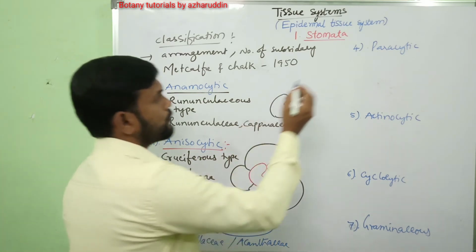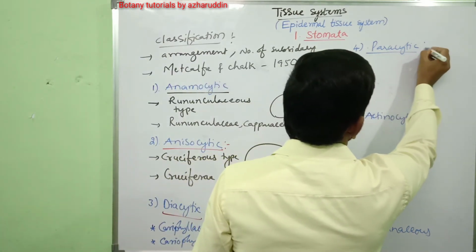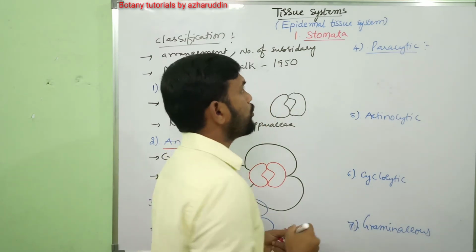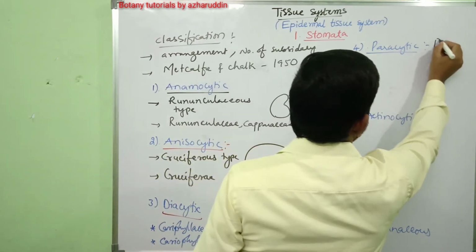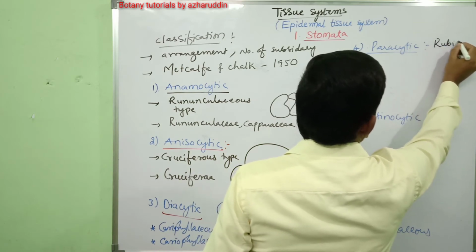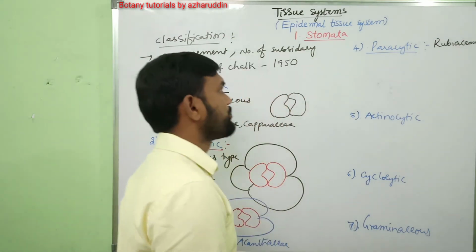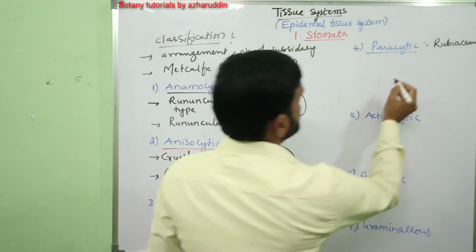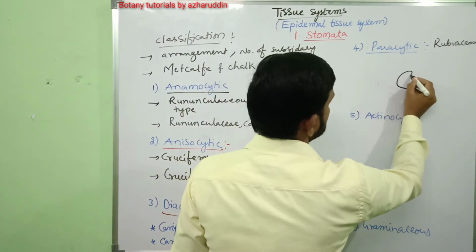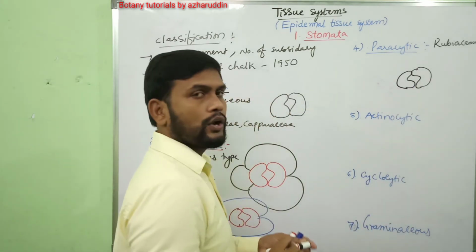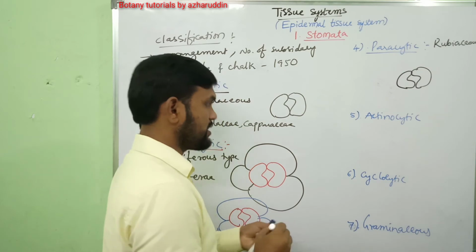Next, coming to fourth one, paracytic stomata. Paracytic stomata is also called rubiaceous type, in which 2 guard cells are present, and these 2 guard cells are surrounded by 2 specialized subsidiary cells.